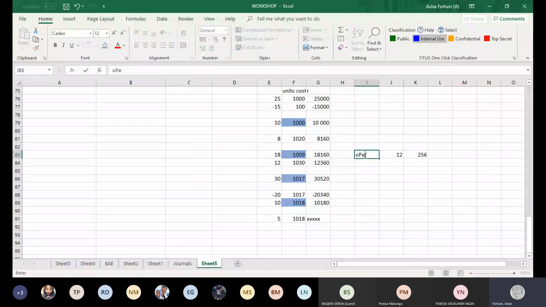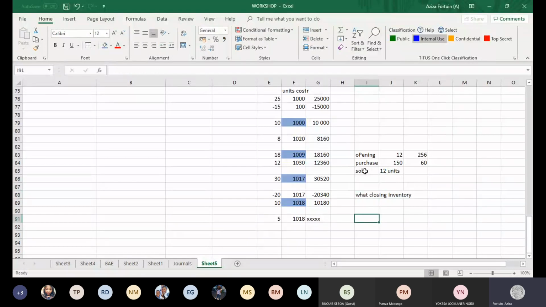Let's just say opening, and I purchase 150 units at 60 Rand, and then I sold 12 units. This thing is going to make sense. So what is my closing inventory? Okay, tell me your answers.